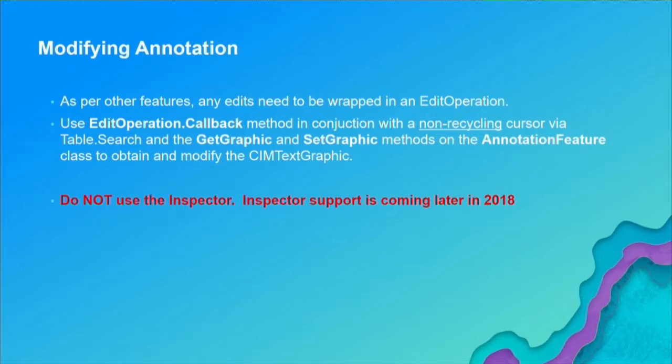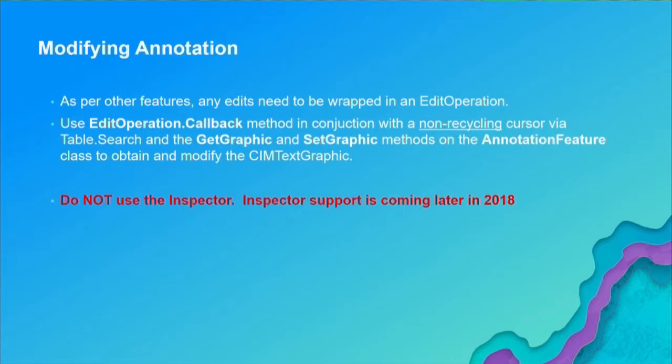Of course, when you're modifying annotation, it's the same as any other feature and feature class. You need to wrap your modification in an edit operation. And doing that, it's going to add it onto the undo redo stack. But annotation has a special method that you need to call. You need to call the callback method. Now, up until now, we've probably mentioned in previous demonstrations and tech sessions that you should avoid the callback method at all possible.